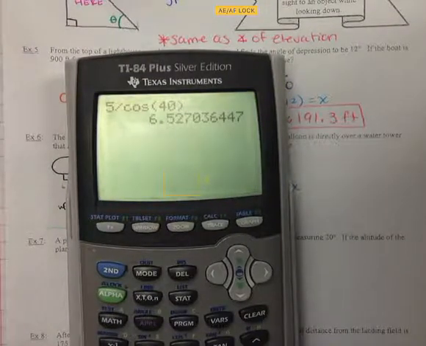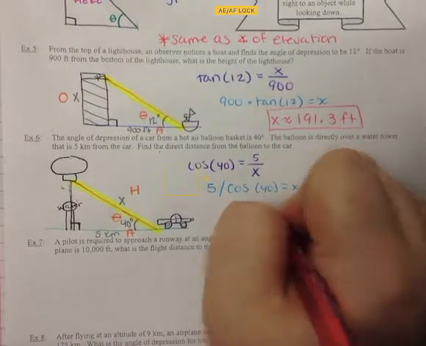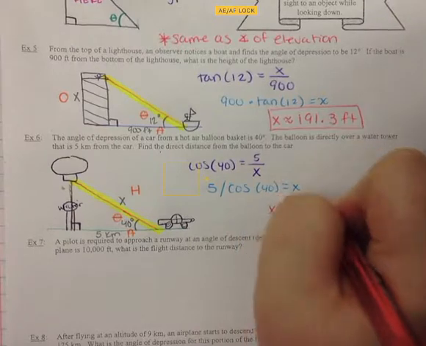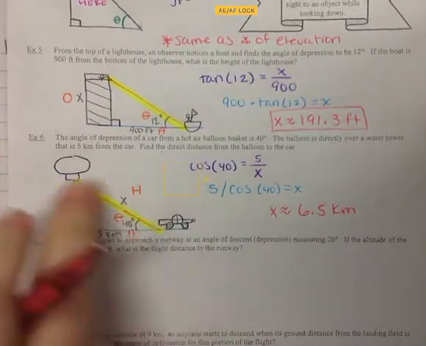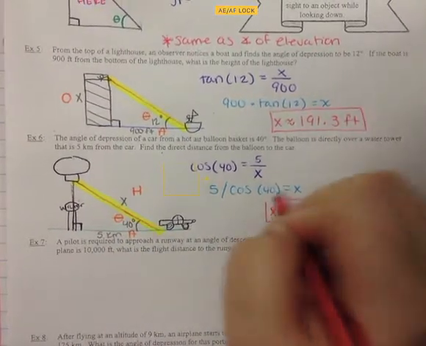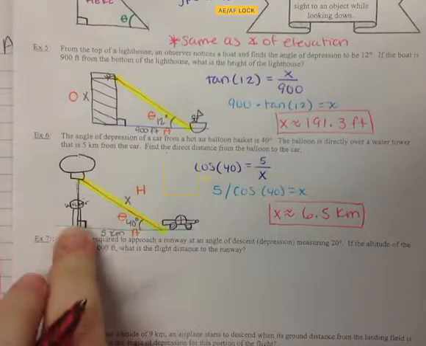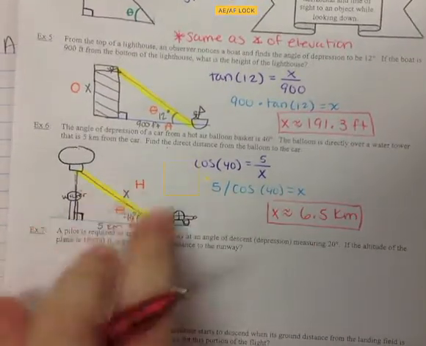We get roughly 6.5. That's not 6.5 feet, that's 6.5 kilometers. So x is approximately 6.5 kilometers. Means the balloon is 6.5 kilometers away from the car, which is in fact bigger than how far the car is from the water tower. So that's good. That's bigger than the adjacent. Hypotenuse should always be largest.